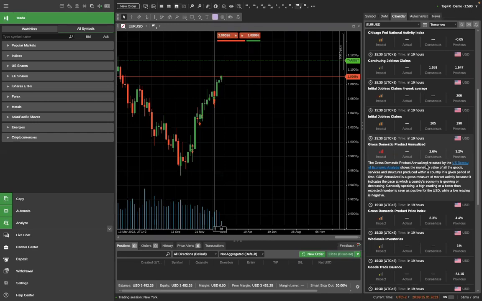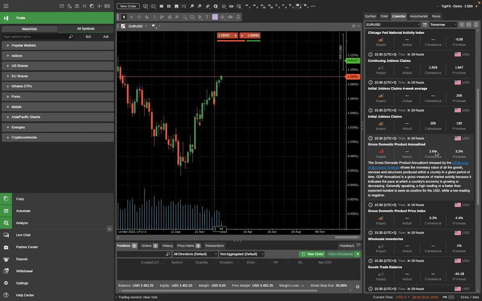The first thing is, as you can see, that the previous reading of the gross domestic product in the US was 3.2%. So the market participants might feel surprised if the actual number will be 4%. Why? Because they expect the 2.6% figure.